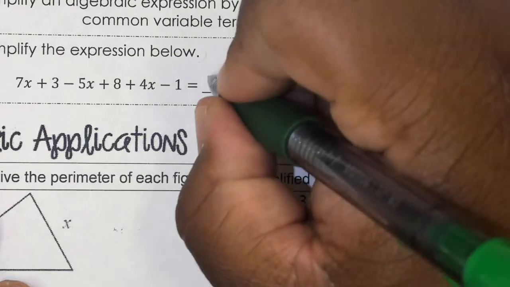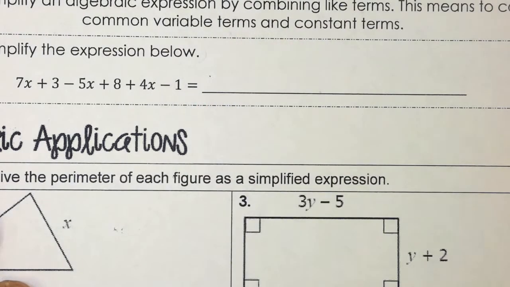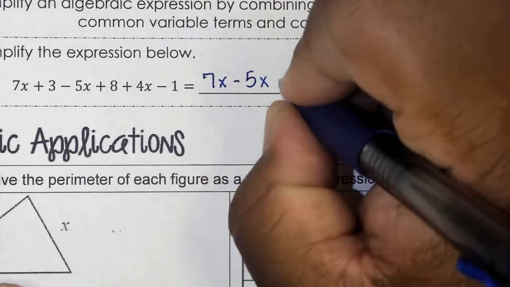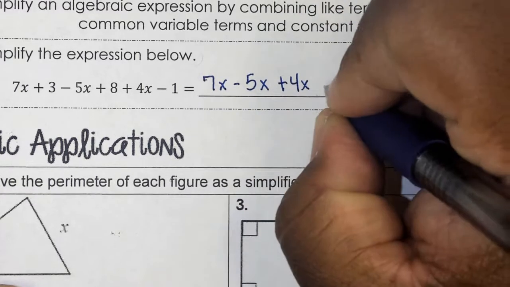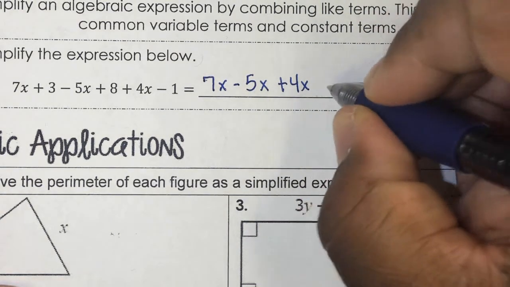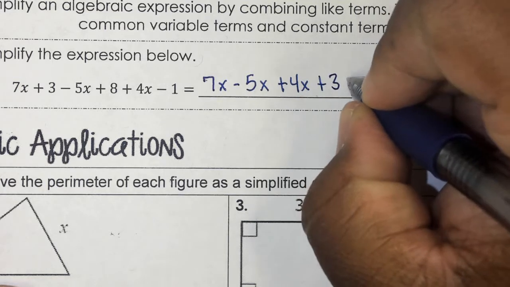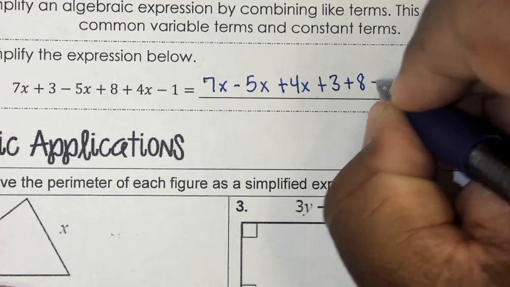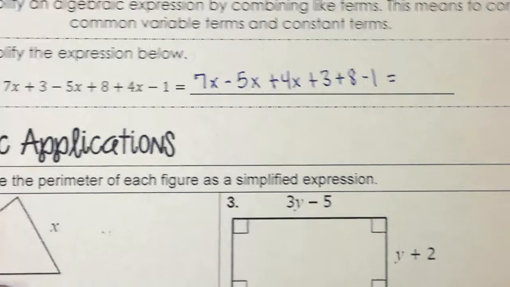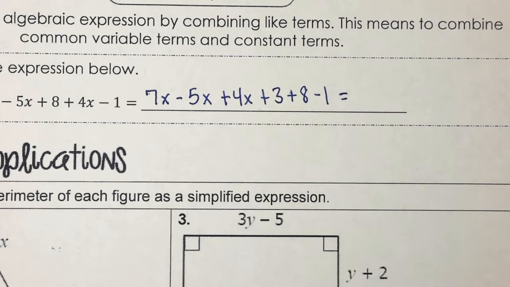So I'm going to write it out as 7x minus 5x plus 4x, and then plus 3 plus 8 minus 1. I'm just grouping my stuff so all my variables are together, then my numbers together.